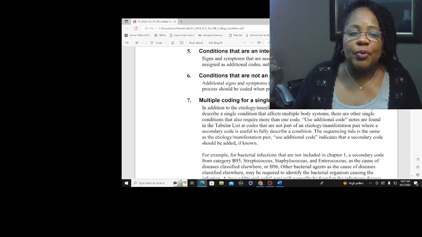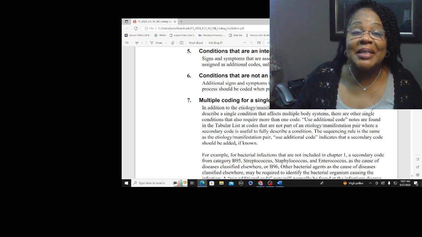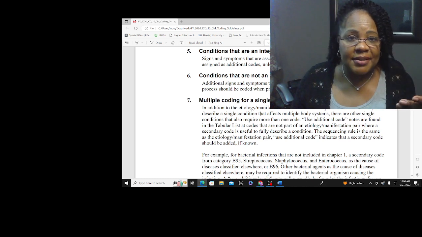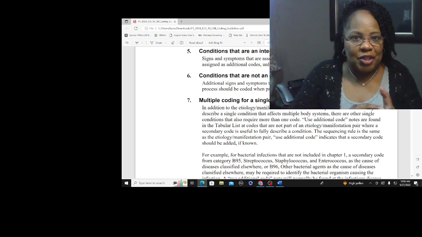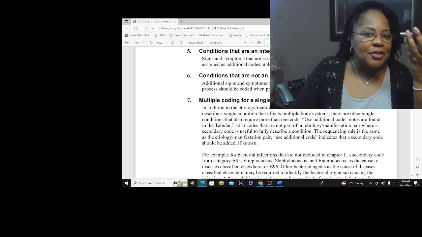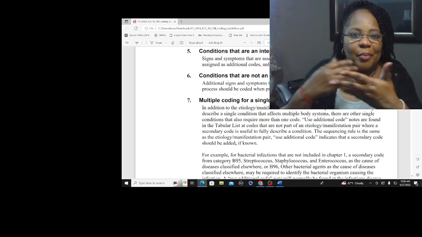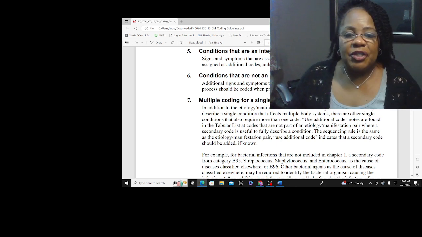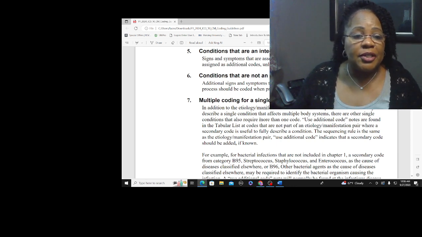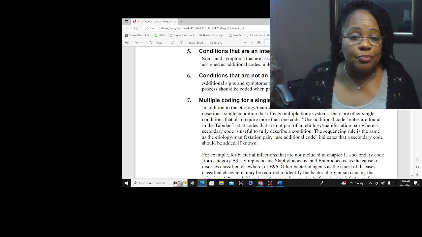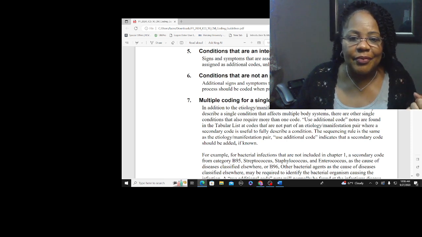7, multiple coding for a single condition. In addition to the etiology, which means cause, or manifestation, which is a result of, either it's the cause of the disease or scarring that's a result of a burn. Conventions that require 2 codes to fully describe a single condition that affects multiple body systems. There are other single conditions that also require more than 1 code.